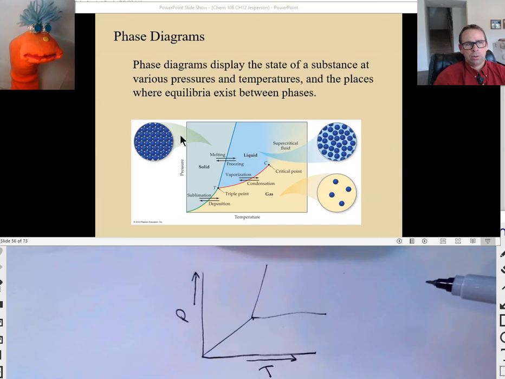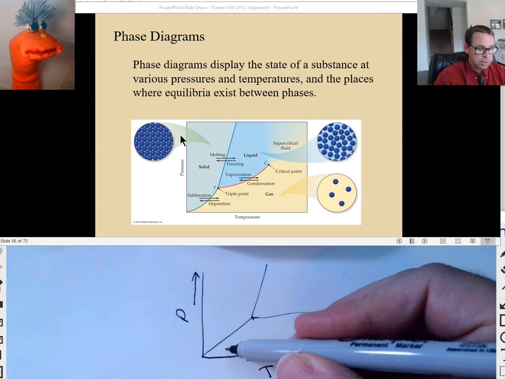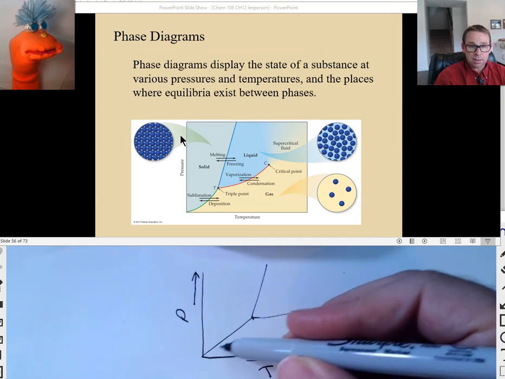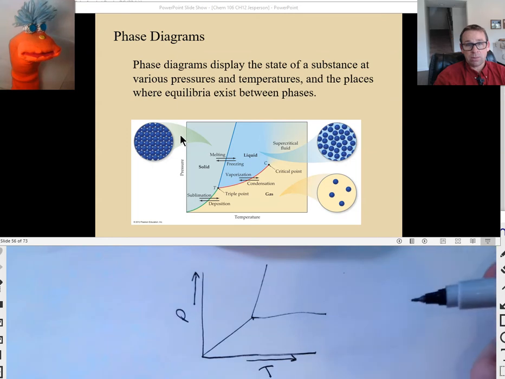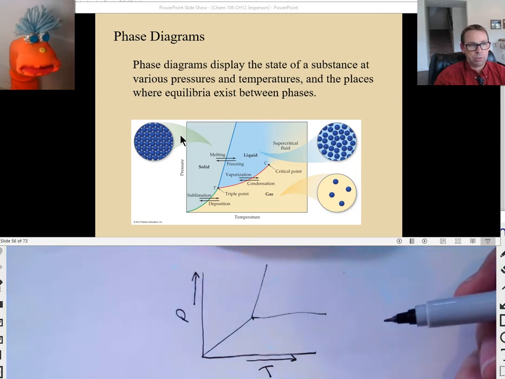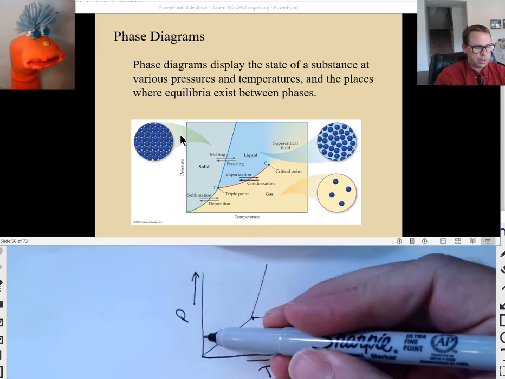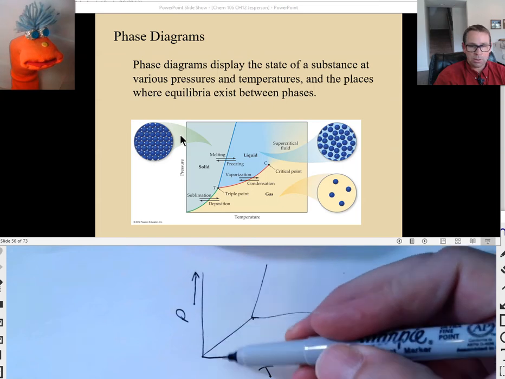I don't know. What about temperatures? I know lower temperatures would be solid. Okay, that's good. So you'd expect something down in this area in terms of temperature to be solid. Yeah. But I guess you see two regions. That's right. So this could be solid or that could be solid, right?